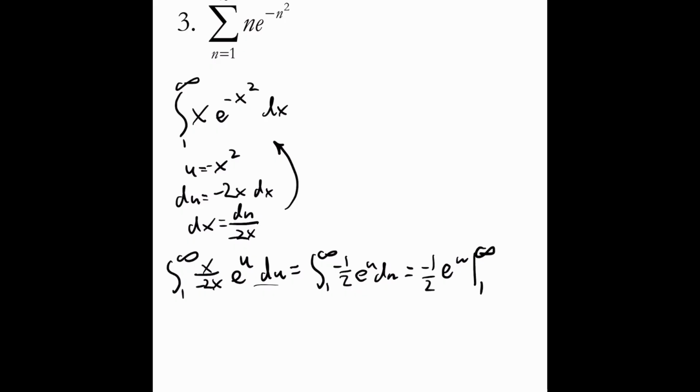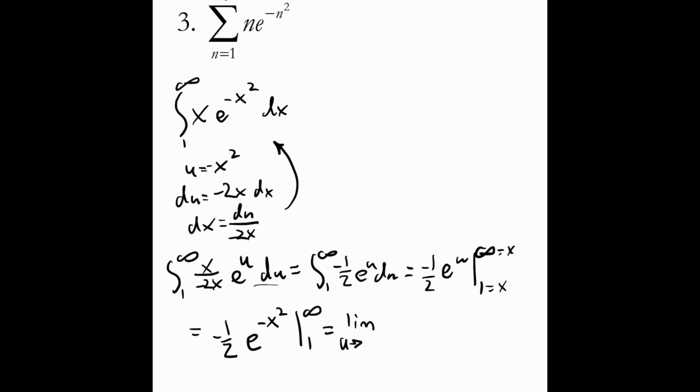So we'll plug in our values from 1 to infinity, but remember those are our values for x. So let's put our equation back in terms of x: negative 1/2 e to the negative x squared, evaluated as x goes from 1 to infinity.